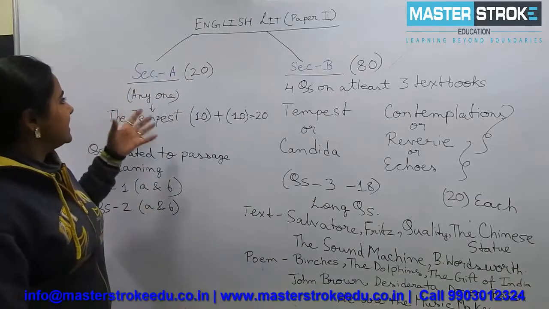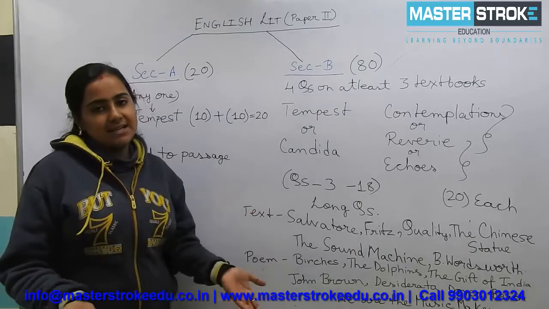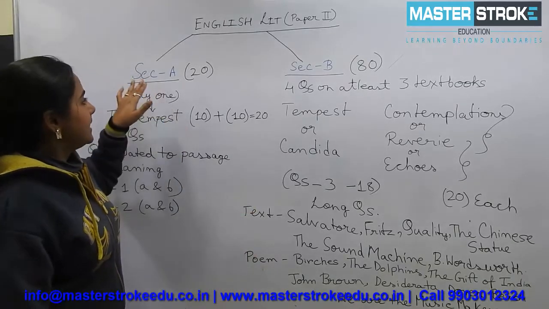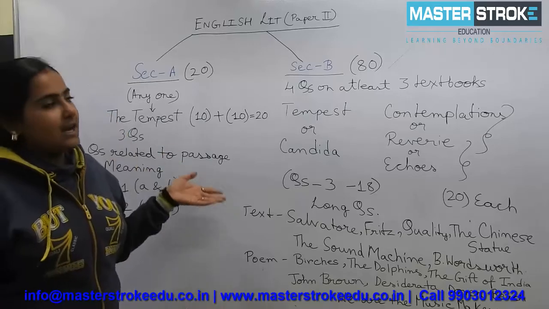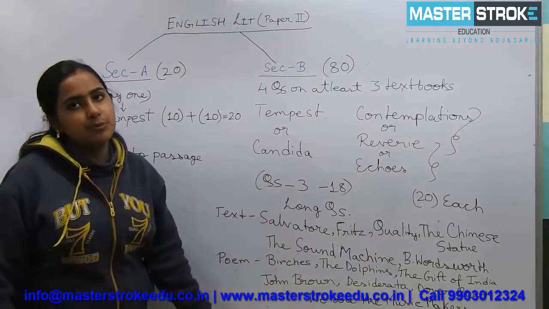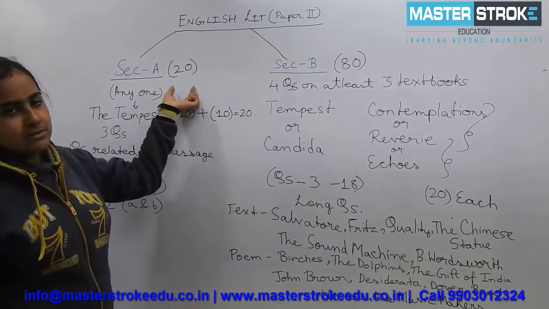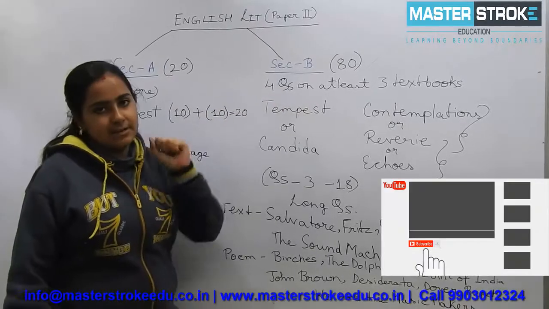English literature papers are actually divided into 2 sections. Section A deals with only the play, and Section B deals with the text and prose. Section A consists of 20 marks, and Section B consists of 80 marks.